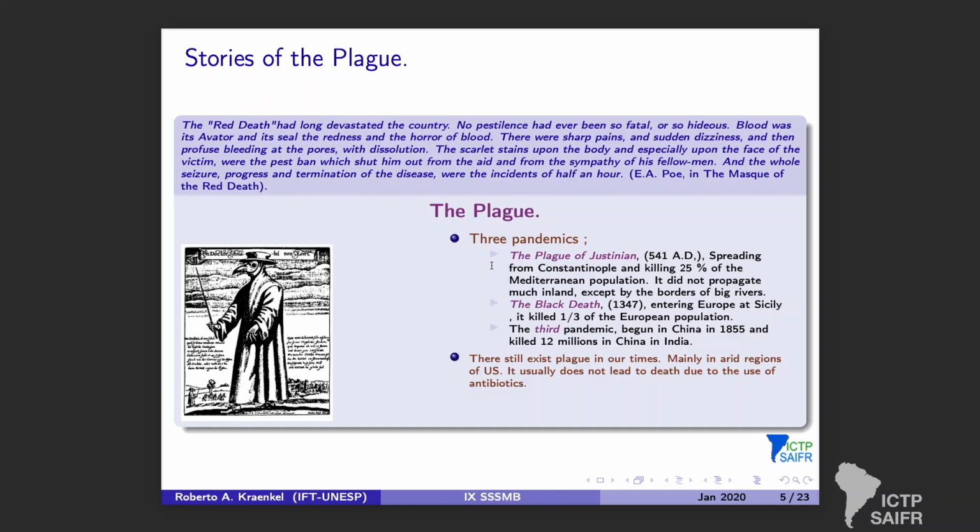It's only with the work which starts with Louis Pasteur, in 1857-58, when he formulates the idea that diseases are due to microbes.